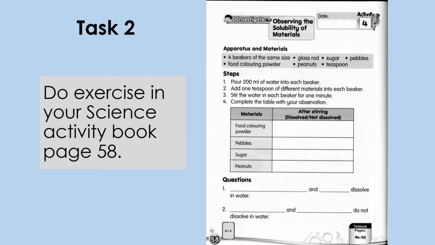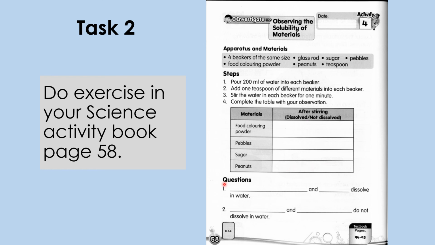This is the spelling for dissolve. How about peanuts? After you stir peanuts in water, do they dissolve? Can you see the peanuts in water after you stir it? Yes, we still can see the peanuts in the water after we stir them. So, peanuts do not dissolve in water. You write not dissolve in this space.